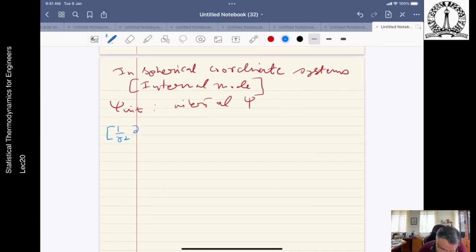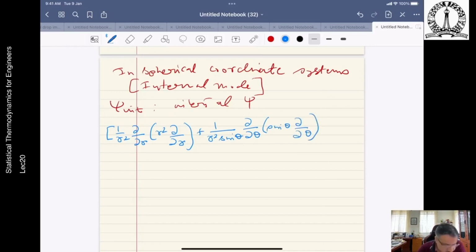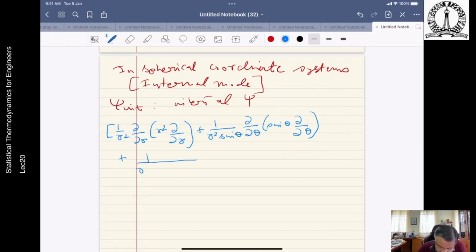square. This is a long equation, so bear with me. Plus 1 over r squared sine theta d by d theta sine theta d by d theta, and plus 1 over r squared sine squared theta d squared by d phi squared of psi internal.